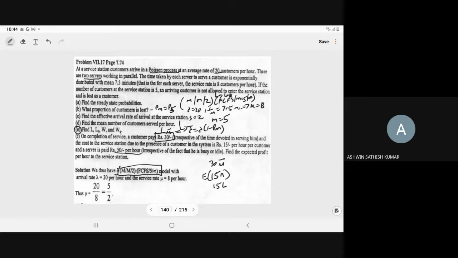Find the expected profit. So expected profit will be revenue minus expenditure.